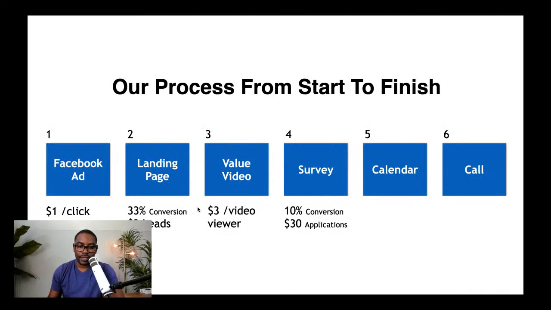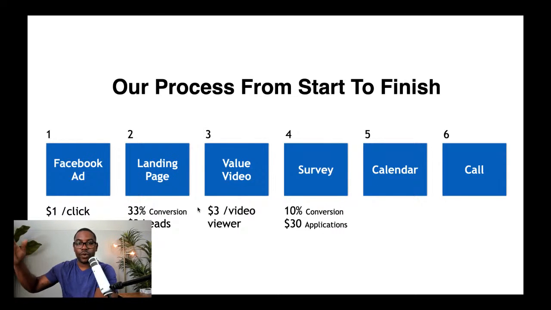And so with that process, only 10% of the people who watch that video will convert. That sounds low, but it's actually a phenomenal number if you can get that video to convert. And that turns out to be right around $30 per application. So for every 100 people who watch that video, which they would click on, that would be $1.